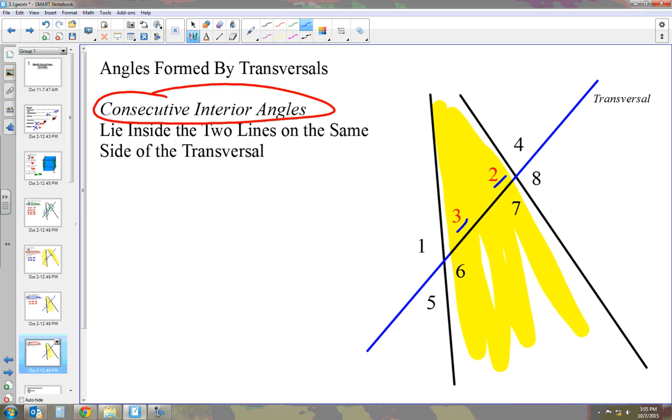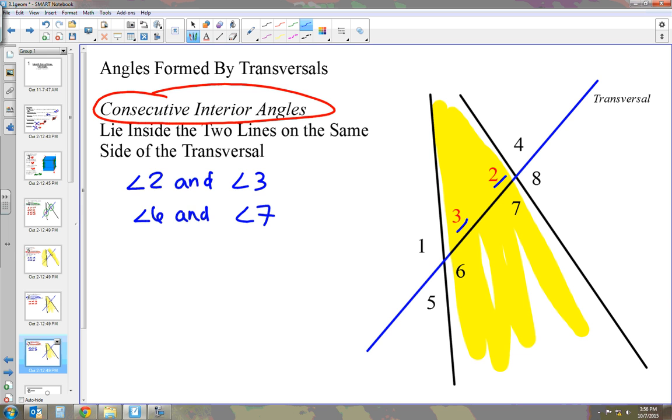It's on the same side as the transversal, and it's inside, interior, the two black lines. So that is your consecutive interior. So angle 2 and angle 3 are consecutive interior. And our other pair of consecutive interior angles are angle 6 and angle 7. Okay, so those are our 4 new angle pairs that we have to remember.